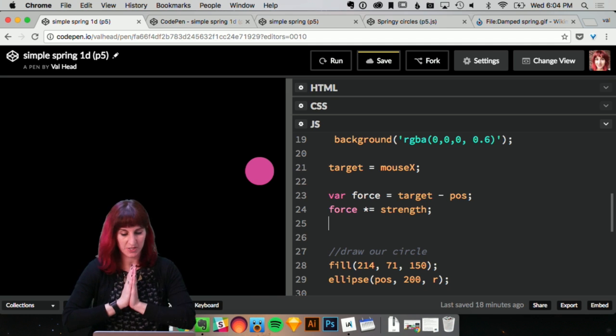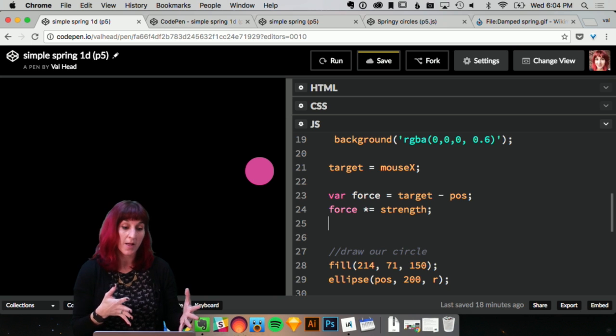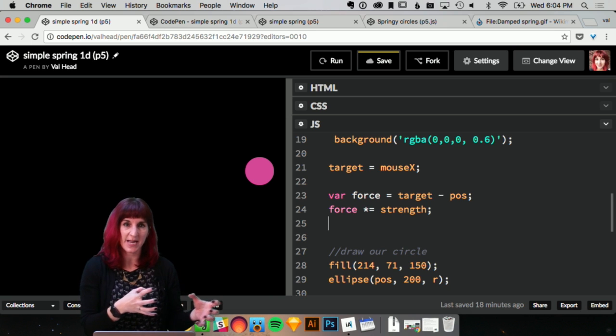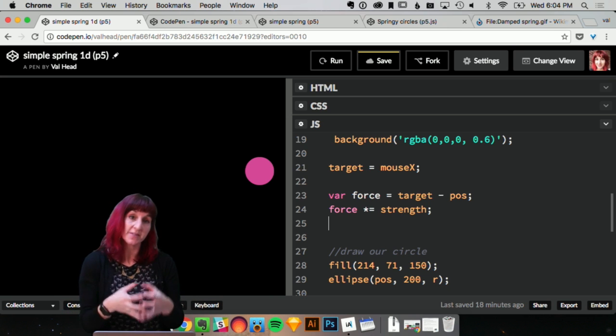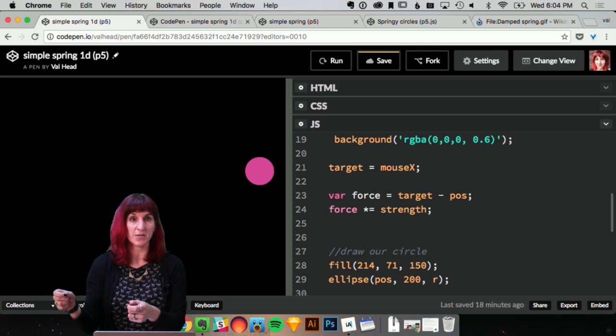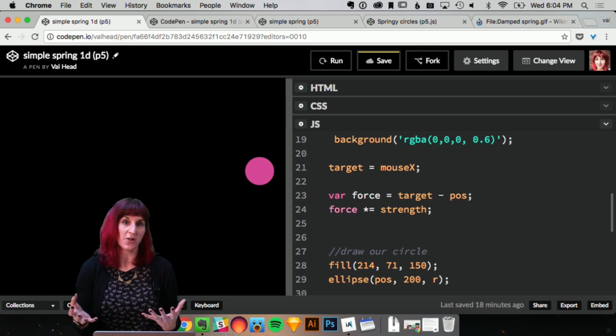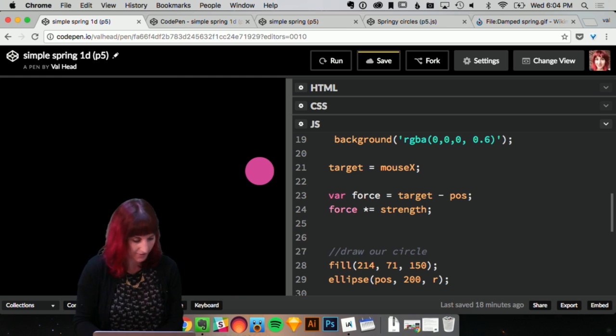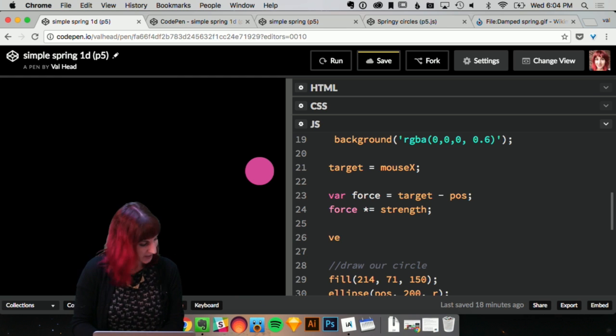Now we want to adjust the velocity of the ball, because for each frame that ball is going to have some velocity. When it first starts out, it'll be 0, of course, because it hasn't moved at all. But as soon as we move our mouse and the ball starts moving, it'll have some existing velocity, and we don't want to completely wipe that out. So we'll use our velocity, which is a variable we declared further up, and we're going to times equal that to our drag.